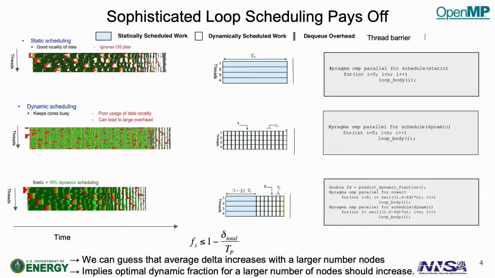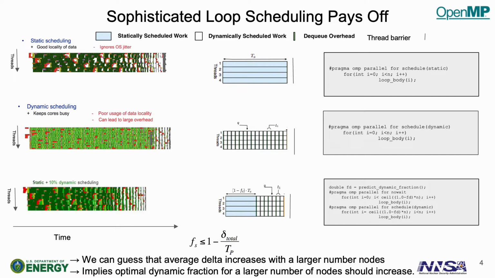Chunk size can help, but what we argue, as done in my dissertation work, is that a mixed static dynamic schedule, where threads first do some pre-assigned work statically and then immediately go on to do the remaining chunks of work dynamically, is the best.